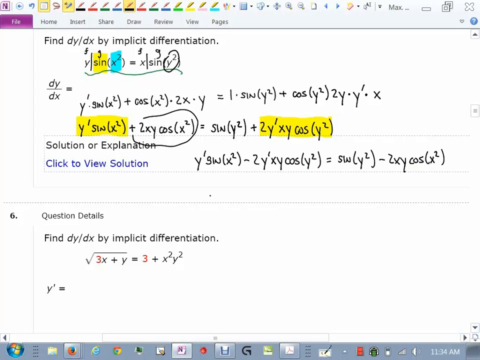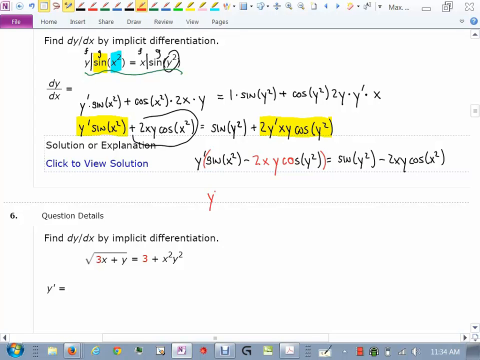Factor out a y prime. So if I factor out a y prime on the left side, what will happen is, if I pull out that y prime, that's what's left.